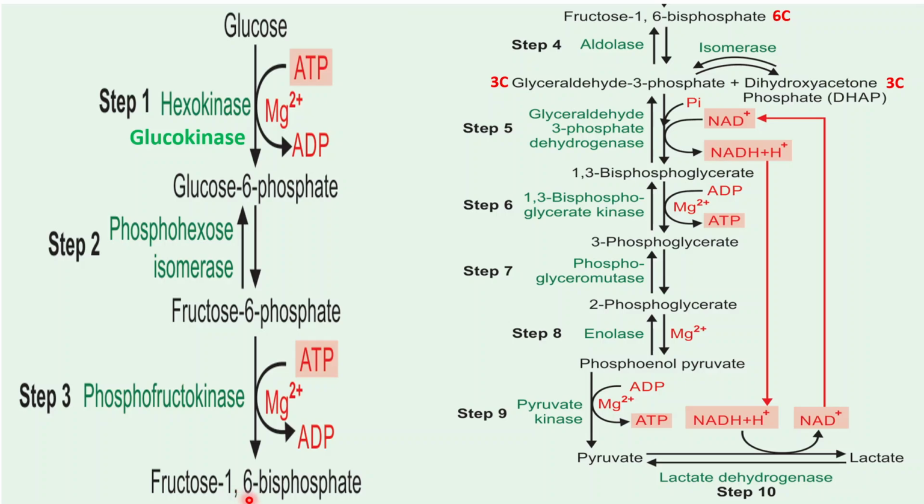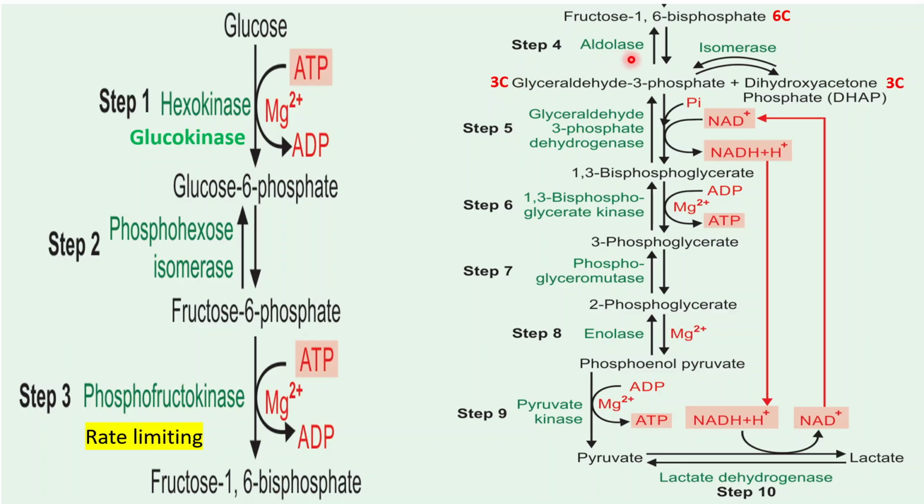Two different positions, that is why it is called bisphosphate. If the phosphate groups had been attached at the same position, you would get diphosphate. So here we have phosphate groups at position 1 and position 6, hence fructose 1,6 bisphosphate, and the enzyme is phosphofructokinase. This is the rate limiting enzyme of the glycolysis pathway.